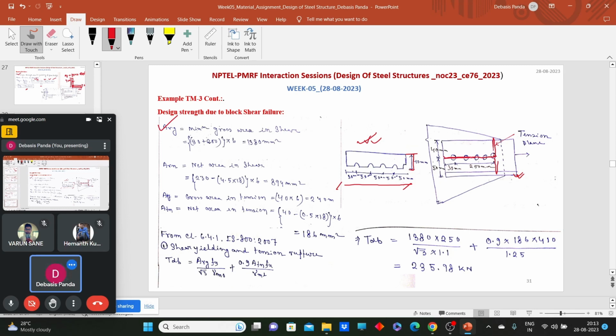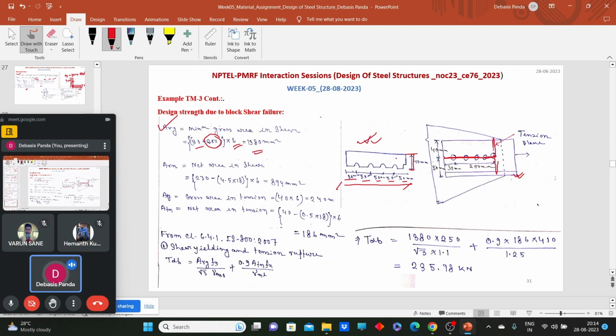This length will be up to the center of this bolt. So 30, that is the end distance, 30 plus 50 plus 50 plus 50 plus 50. So 30 plus 200, that will be the length multiplied by the thickness 6 mm. So that comes as 1380 mm square. Now what will be the net area along the shear plane?